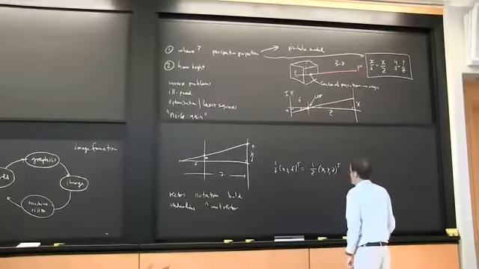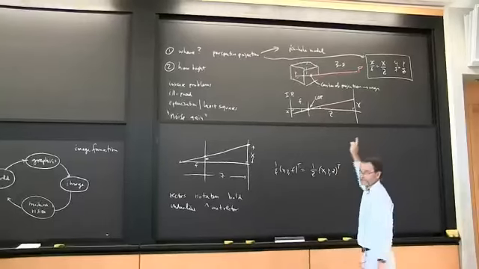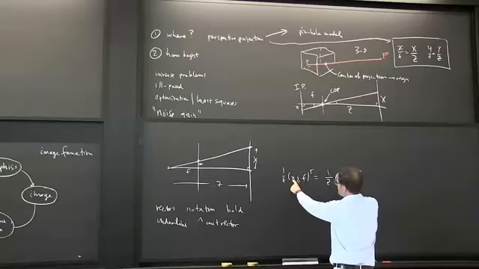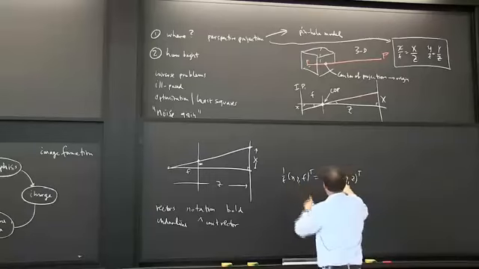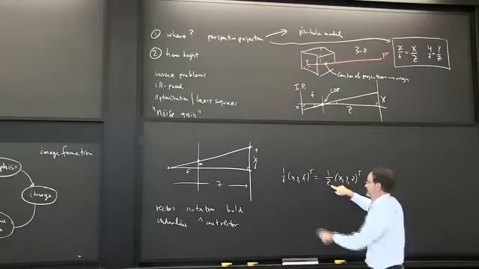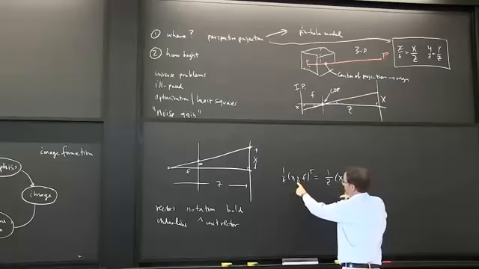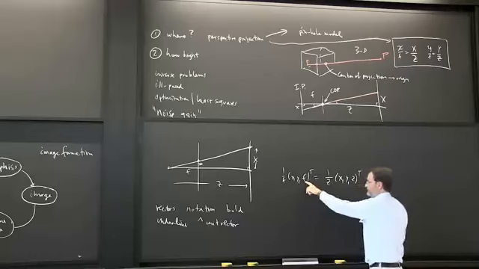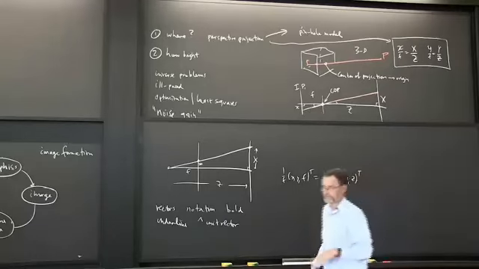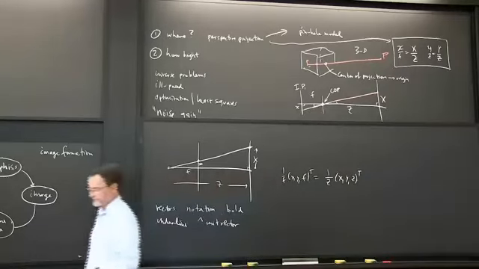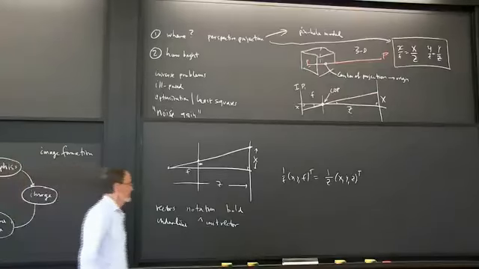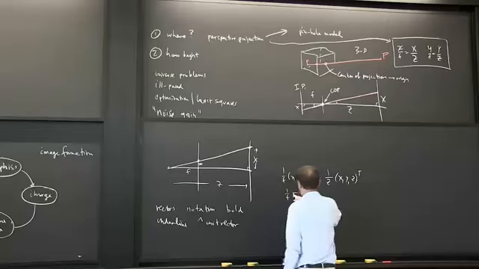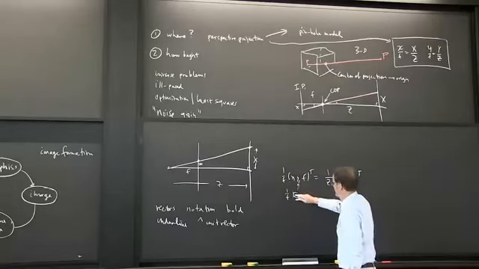I claim that this is basically the same as that up there. Because if you go component by component, the first component is little x over f is big X over big Z. The second component is little y over f is big Y over big Z. And the third component is f over f is Z over Z. So that doesn't do anything for us. So that's the equivalent. And now I can just define a vector r, little r.